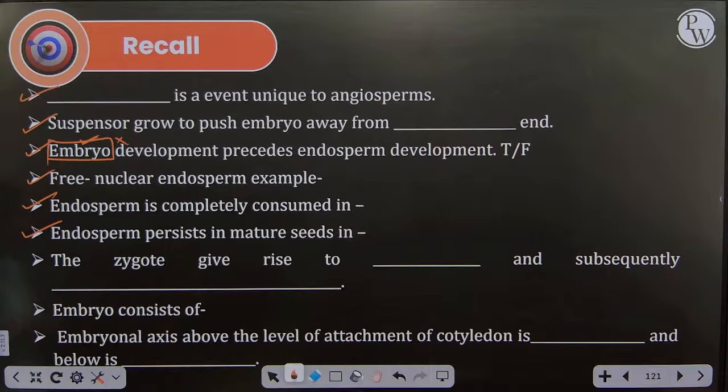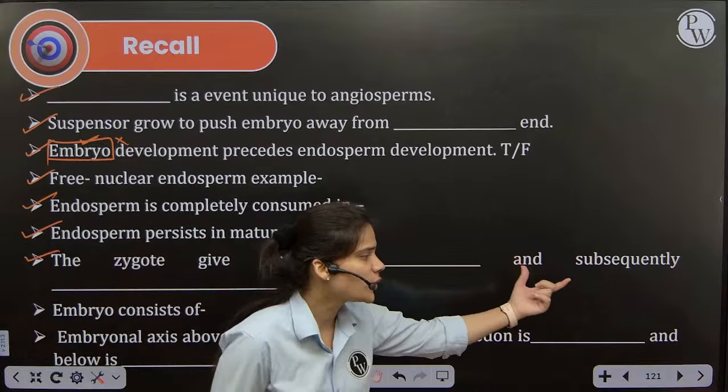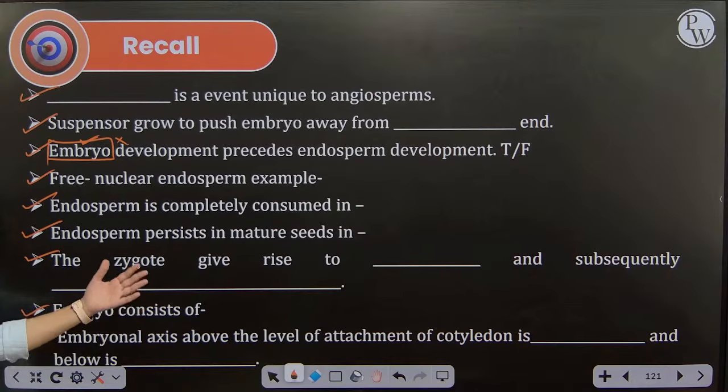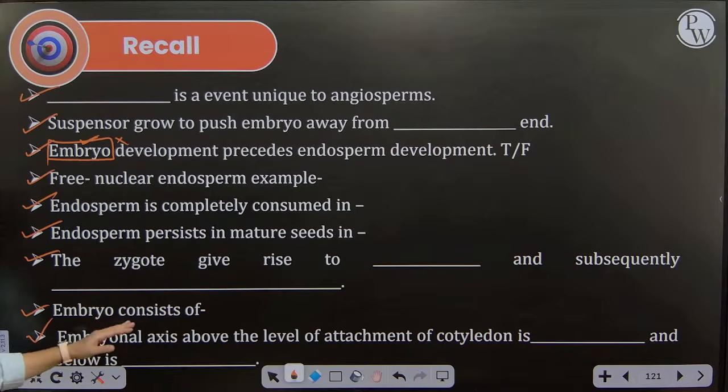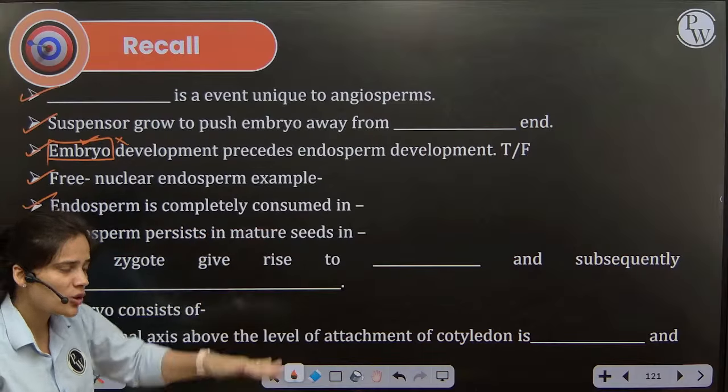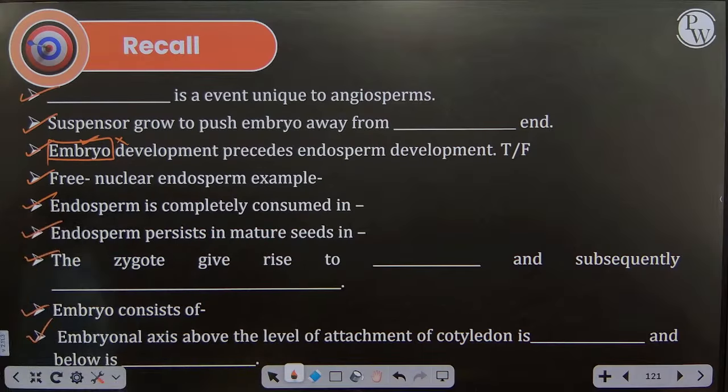The zygote gives rise to the proembryo, then globular, heart-shaped, and mature embryo. The embryo consists of embryonal axis and cotyledons. Above the level of attachment of cotyledons is the epicotyl, below the level is the hypocotyl.